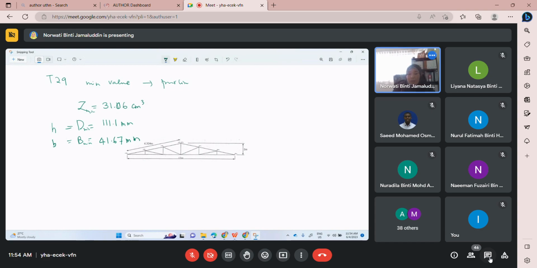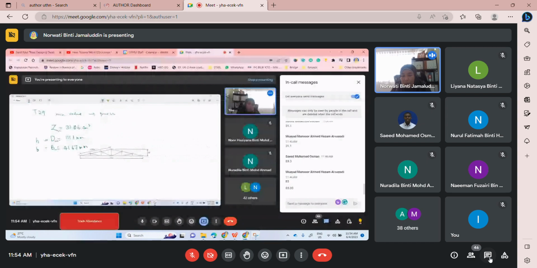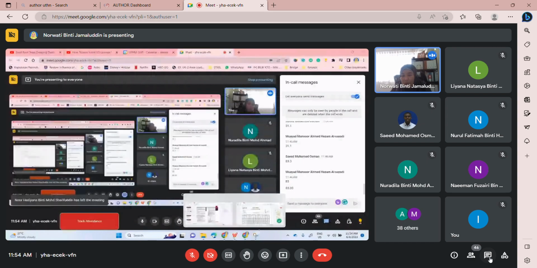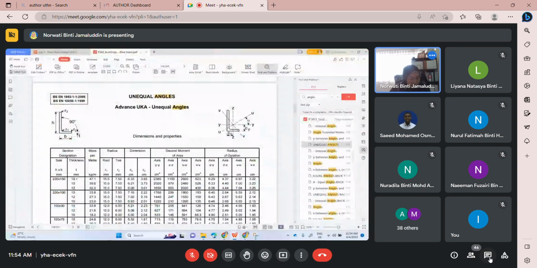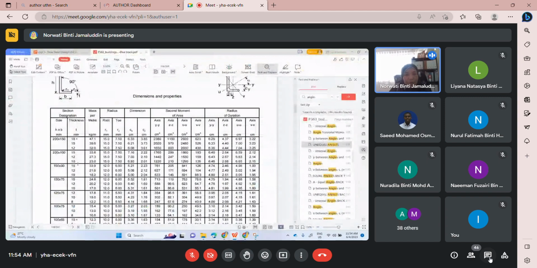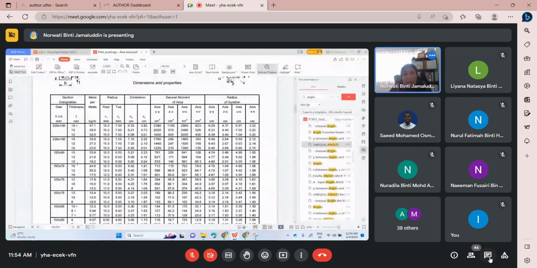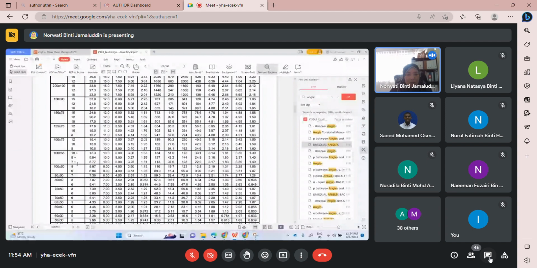Okay. So based on the blue book, the minimum of modulus. Where is elastic modulus? This one.